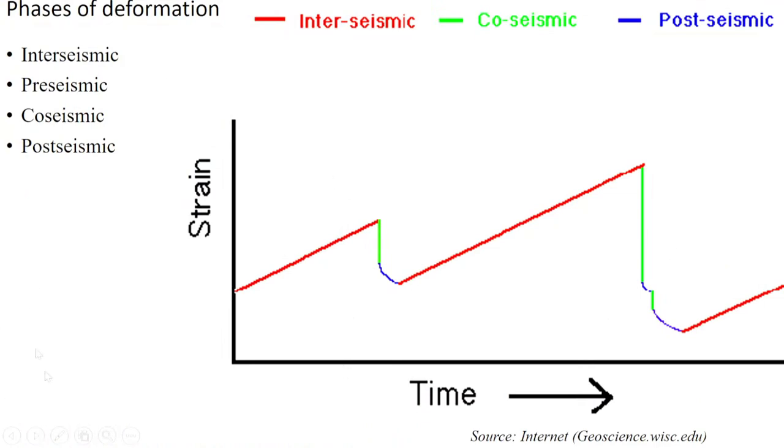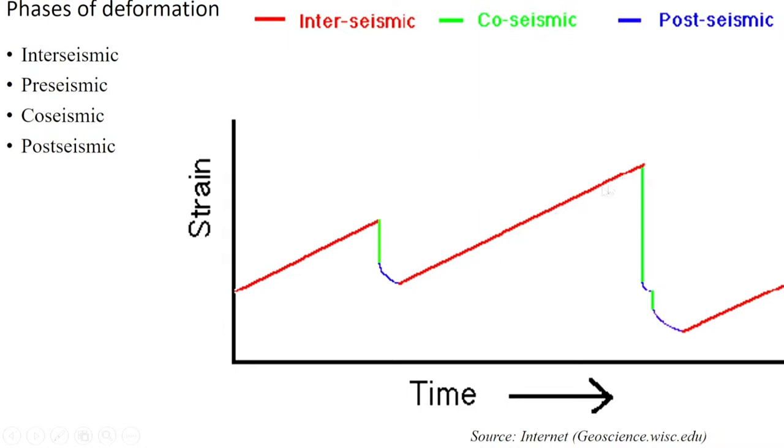This is the interseismic stage of an earthquake cycle for this tectonic region. The red is the interseismic, green is the coseismic, and blue depicts the post-seismic relaxation. This is the nature of the earthquake cycle. One more interesting thing: here the earthquake took less time to occur, and here it took more time.